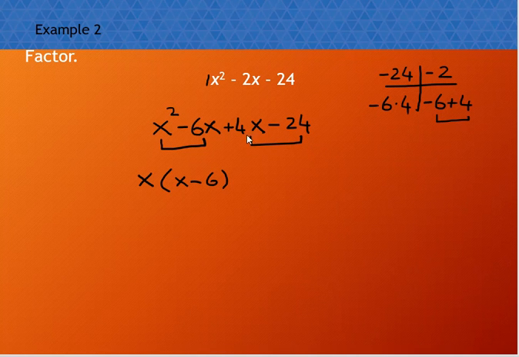In the second group, we can factor out 4, so we also get x minus 6 after we factor it. You can always check by multiplying back if you get the same thing. Now we factor out x minus 6. After we do that, we get x plus 4.